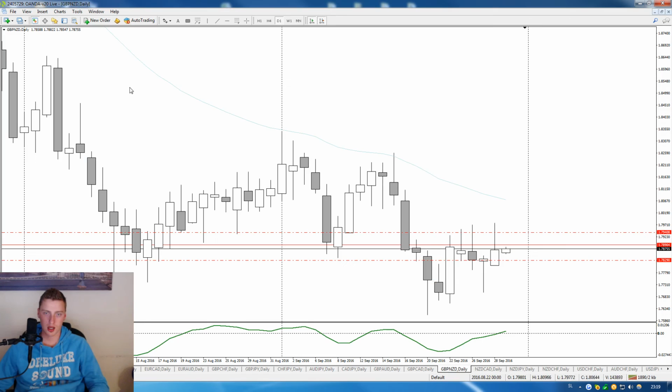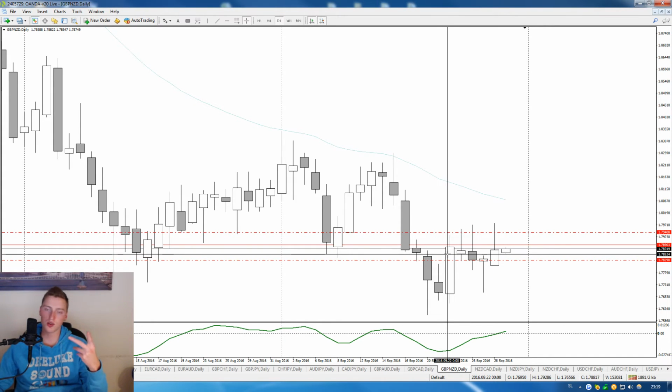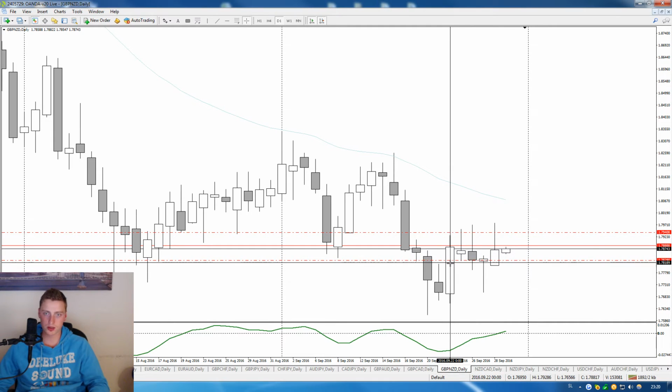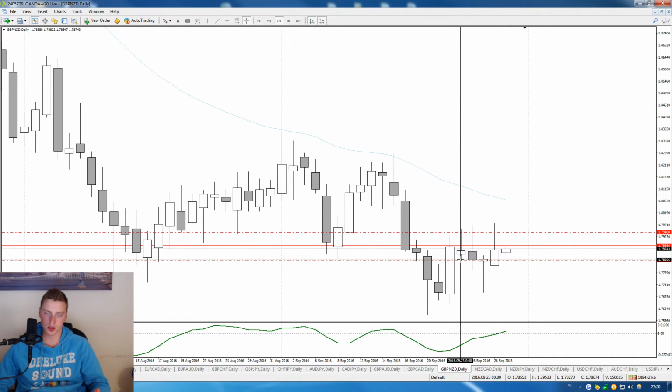Nothing else. Pound New Zealand, I have entered right here on a buy stop order and a retracement entry. In this trade I have actually combined two entry methods and split the risk between these two orders. I do that sometimes when I really want to get a high risk reward with the retracement entry, but I don't want to miss in case price is not retracing.